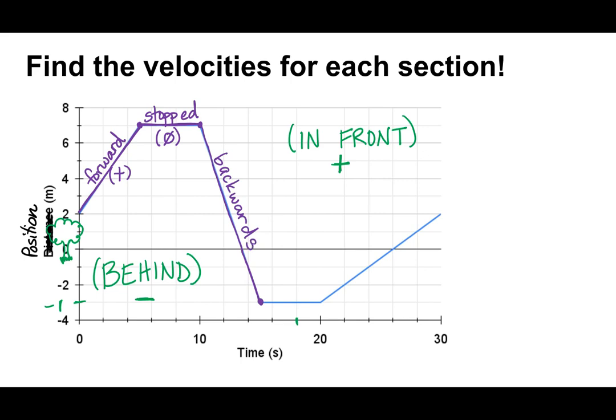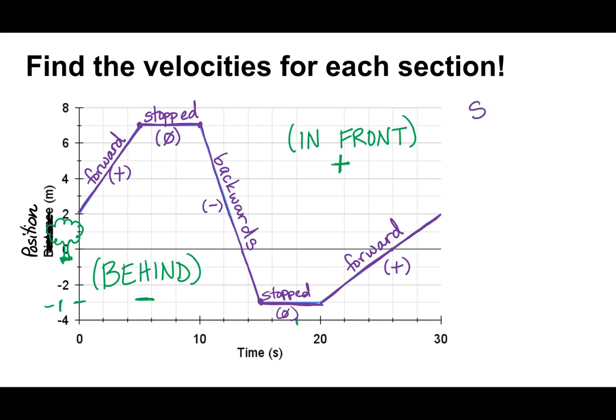Backwards motion means that we will have a negative slope. This spot right here is again a horizontal line, so we are stopped again with 0. And then this one, we are again increasing in position. So we're going from behind the tree, back to the tree, and then going in front. So this means we are again moving forward with a positive slope.